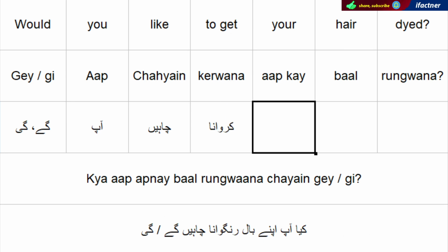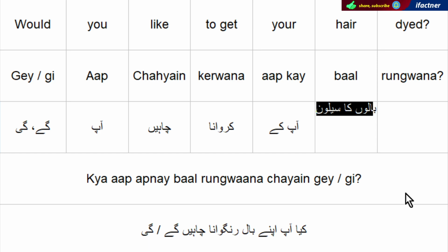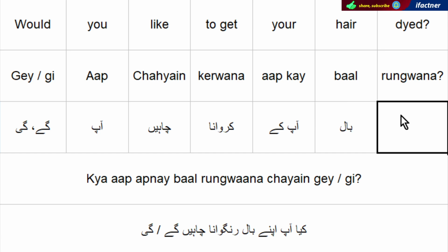Your is aapke, alif mada pe sakin aap, and k is kaf badiye ke. Here are bal, and we write bal as be, alif, lam. Dyed is rangwana, which means colored, and we typed rangwana as re, nun, gaf, rang, and wana is waw, alif, noon, alif, rangwana.